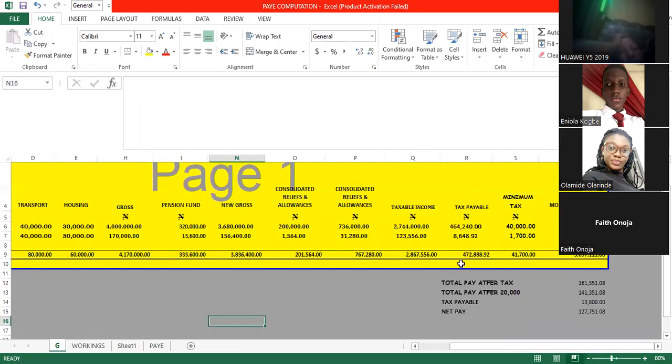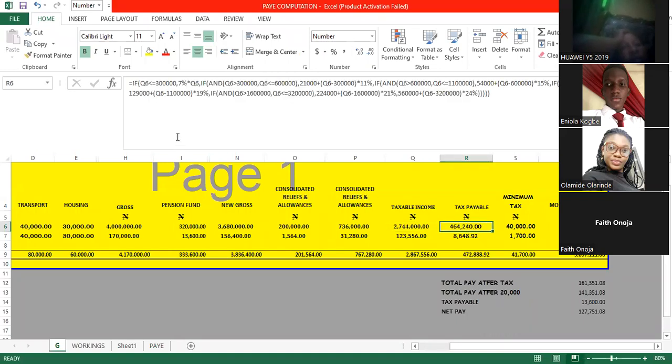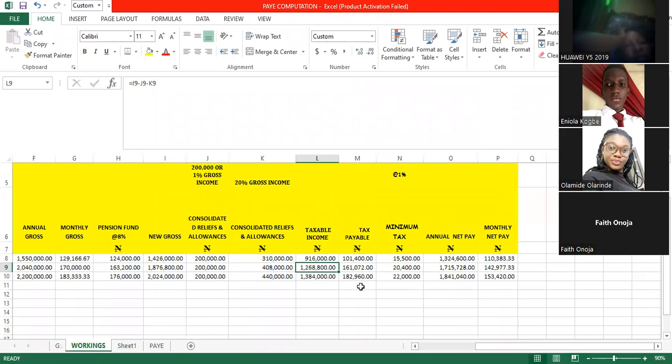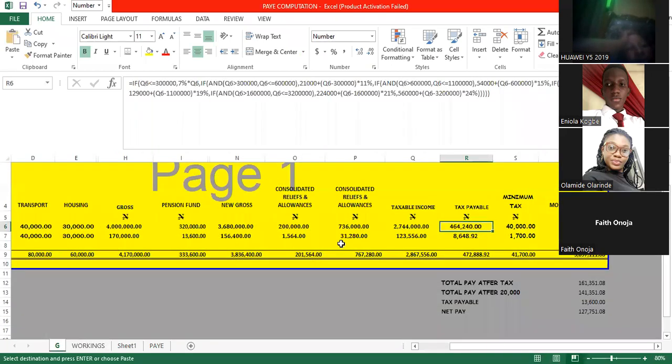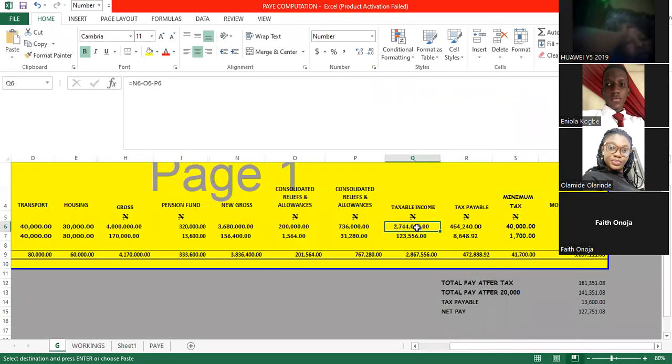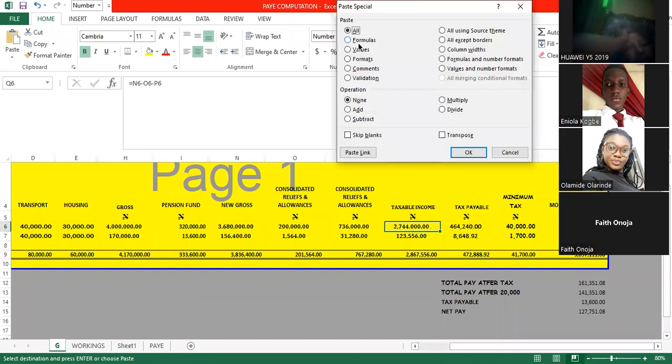I have a template here you can use. This is taxable income. If you click on this, you will see that there are so many formulas in this place. Now let me pick that figure here, and let's see, maybe it's going to be the same thing. So this is our taxable income. I pick it from here, and then I come to this taxable income and paste special.